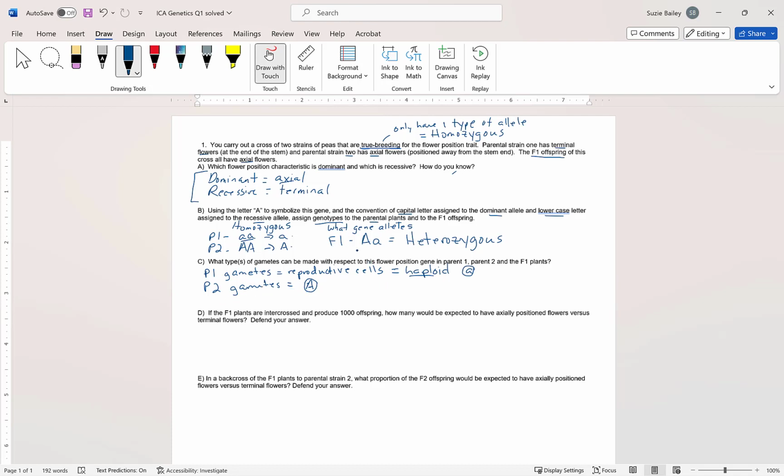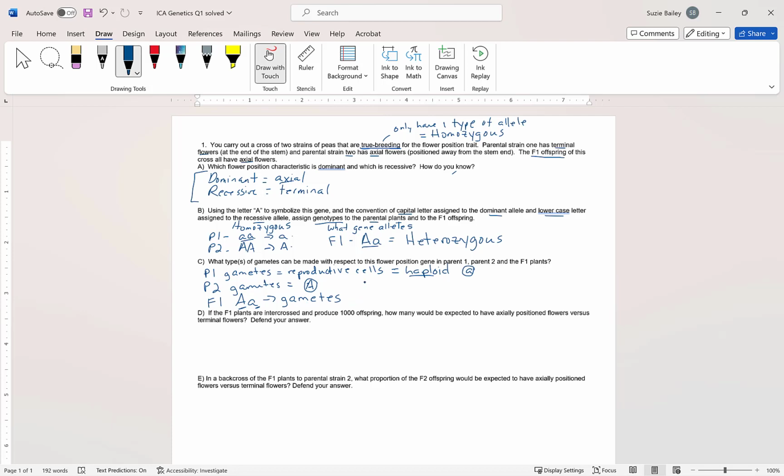What about our F1s? Well, we already talked about the genotype of the F1s being heterozygous. So the F1 plants being heterozygous means that they have 2 separate alleles that they can pass on. They're either going to be passing on the dominant allele or the recessive allele to their offspring.